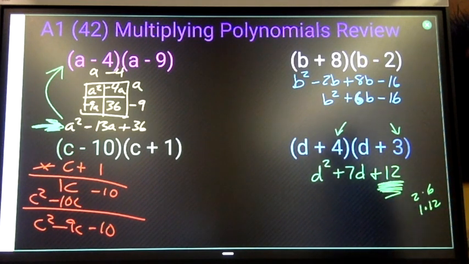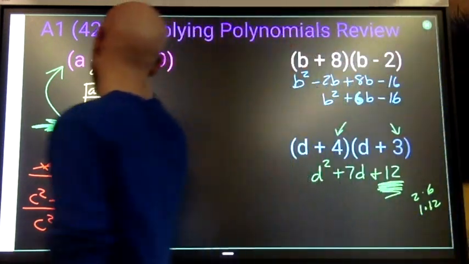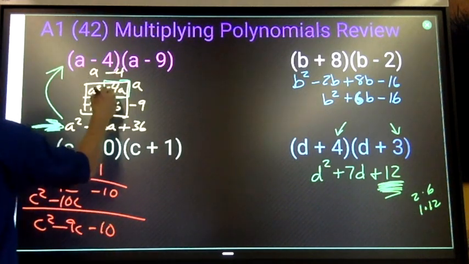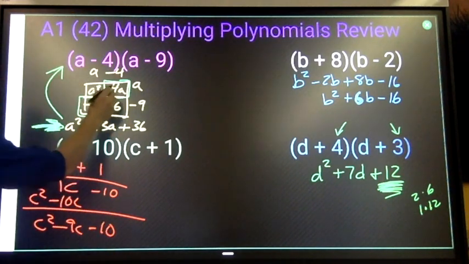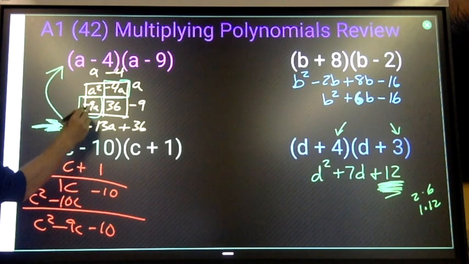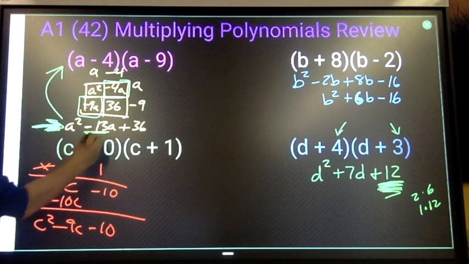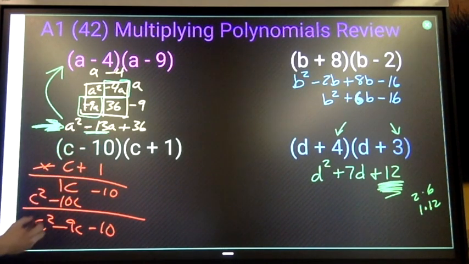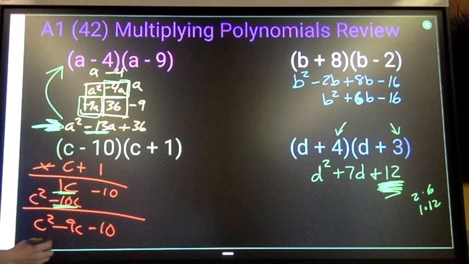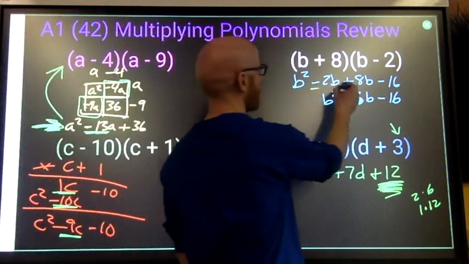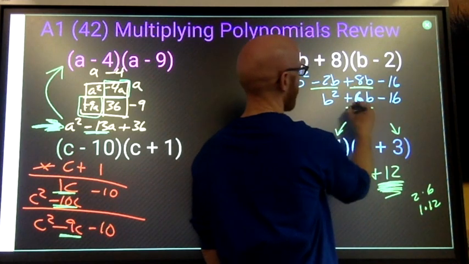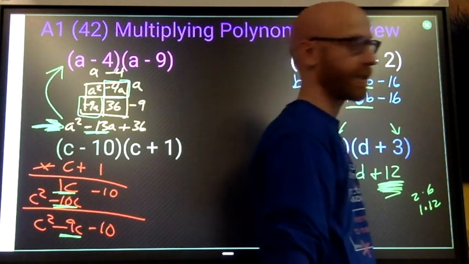The other half that I'm going to need comes from this idea of combining like terms. Negative 4 plus negative 9 is negative 13. 1 plus negative 10 is negative 9. Negative 2 plus 8 is positive 6.